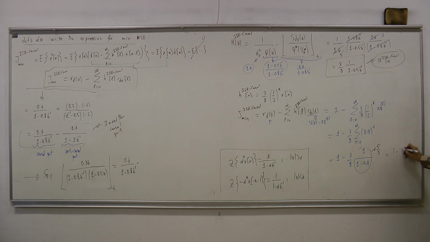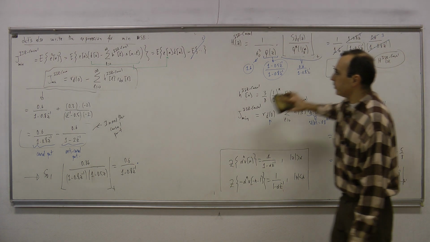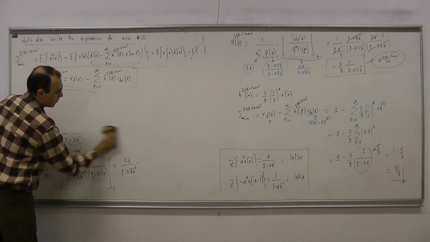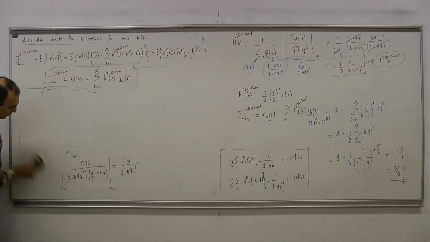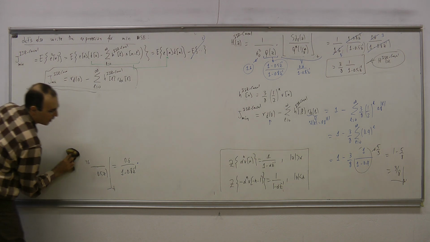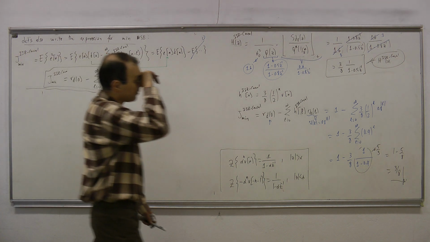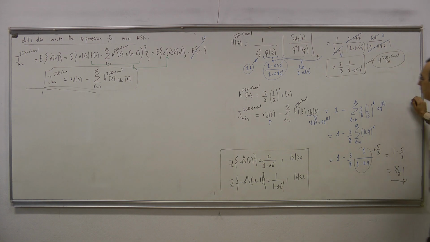So 1 minus 5 over 8. So this is equal to 3 over 8. That is it. Very good. So we have designed an IIR filter which is causal and estimating d of n with the minimum mean square error.